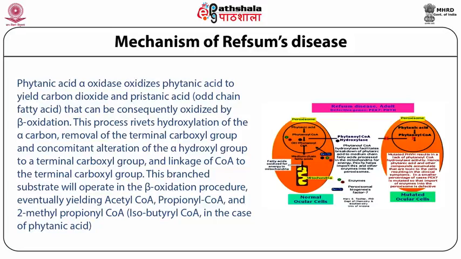This branched substrate will operate in the beta oxidation procedure, eventually yielding acetyl coenzyme A, propionyl coenzyme A, and 2-methylpropionyl coenzyme A, whereas isobutyryl coenzyme A in the case of phytanic acid.